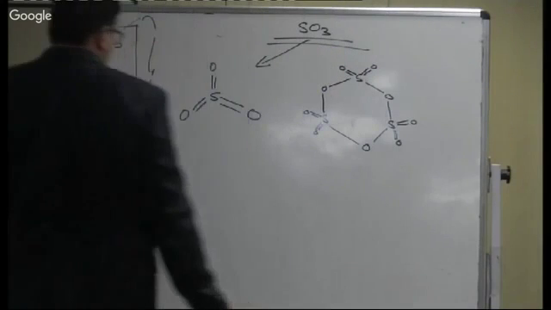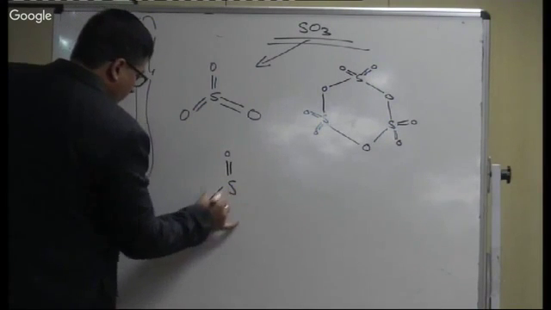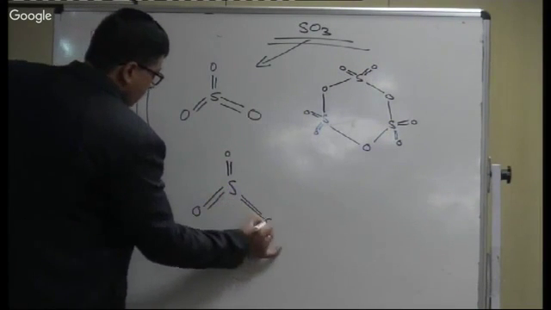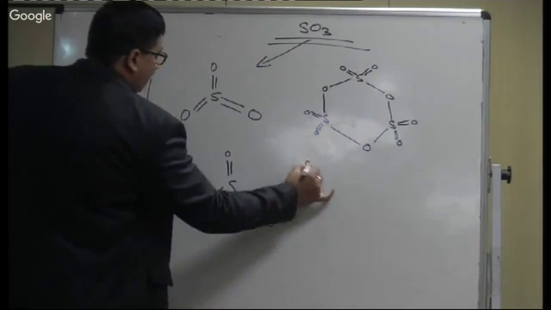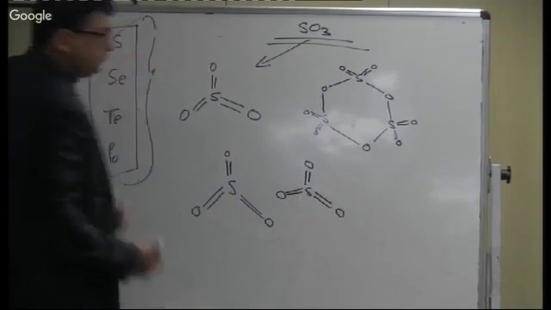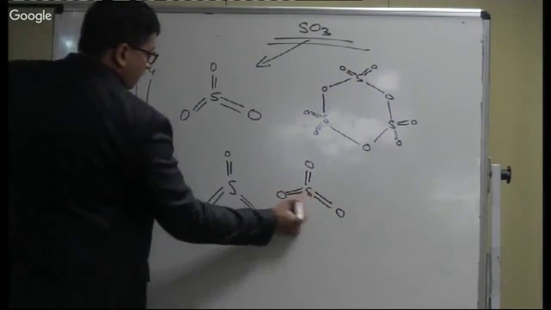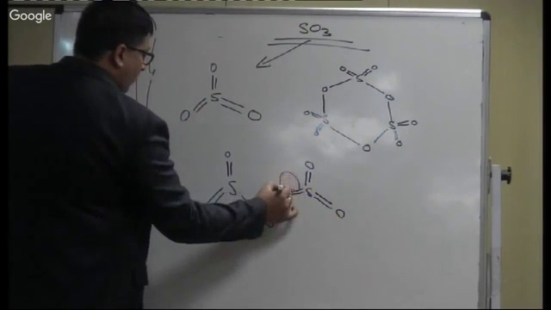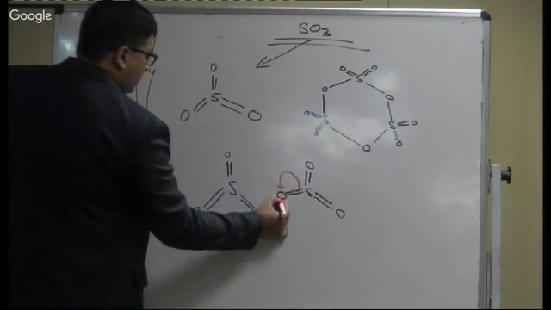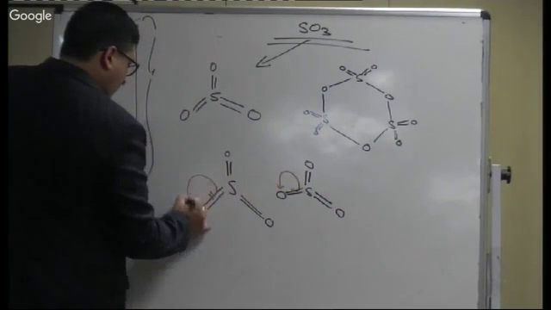Now, the combination reaction is simple addition, which you have already read in organic chemistry. See, this is SO3, oxygen double bonded to sulfur. These are the 2 units. Between sulfur and oxygen, oxygen is more electronegative, and the pi bond is the weaker bond, so both electrons are taken by this oxygen. Now this oxygen carries a negative charge and this sulfur a positive charge.